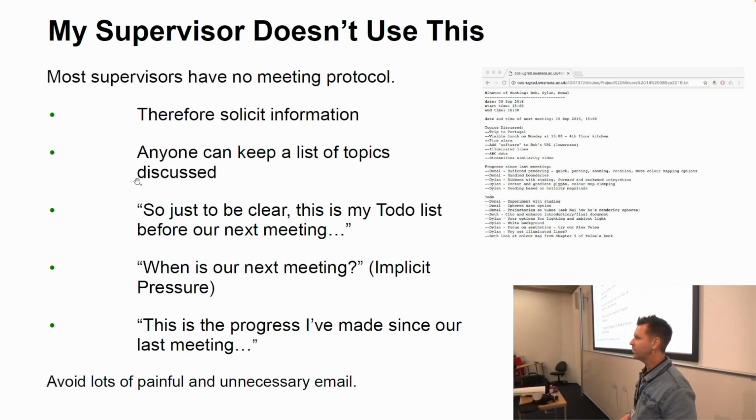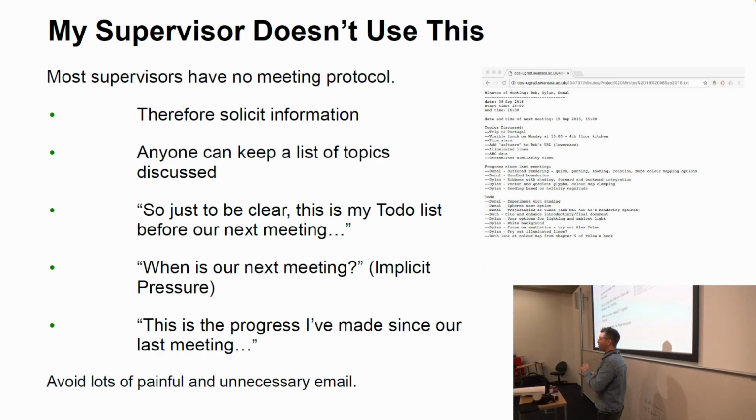And then you can solicit your tasks for the next meeting list. So you can write down your to-do list. And after you've written it down, you can ask your supervisor, so I've got this on my to-do list. Does this sound good to you? Like, do you agree with this set of things I need to do?